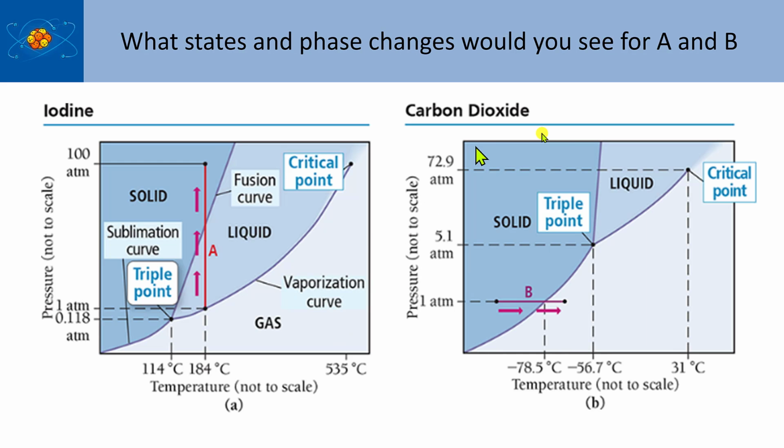So take a look at these two lines, A for iodine and B for carbon dioxide, and describe what you see when you go from 1 atmosphere to something like 90 atmospheres. Now you're given the phase diagram, so what do you expect to see? So at this point here, we're starting with liquid iodine.